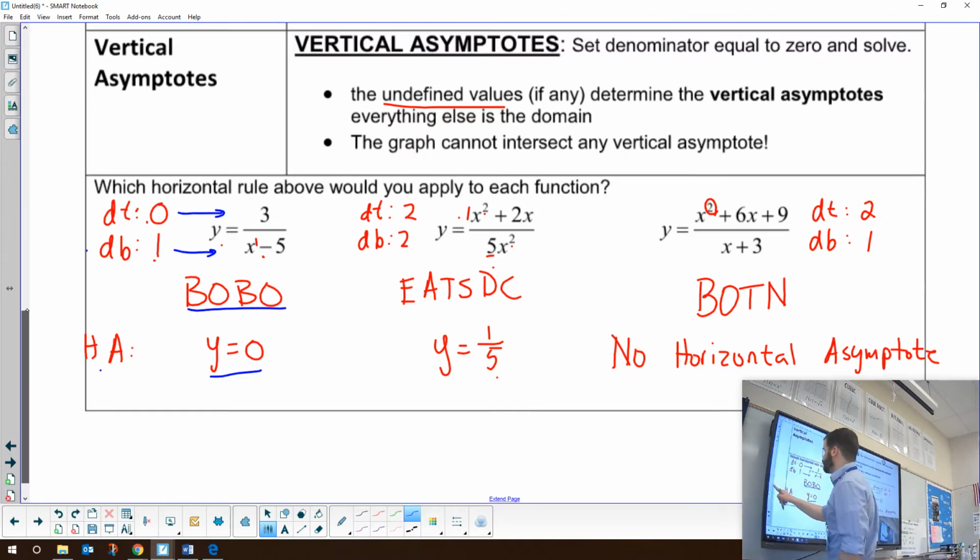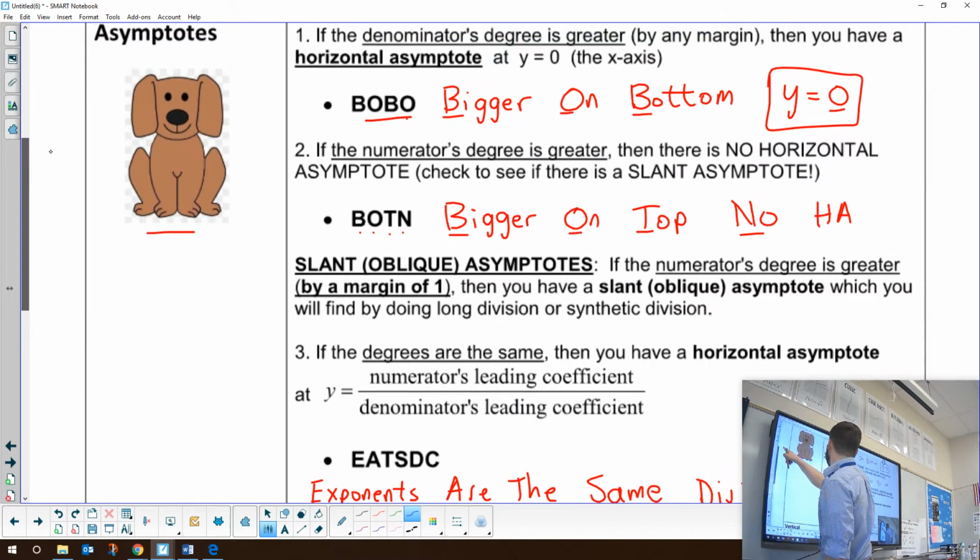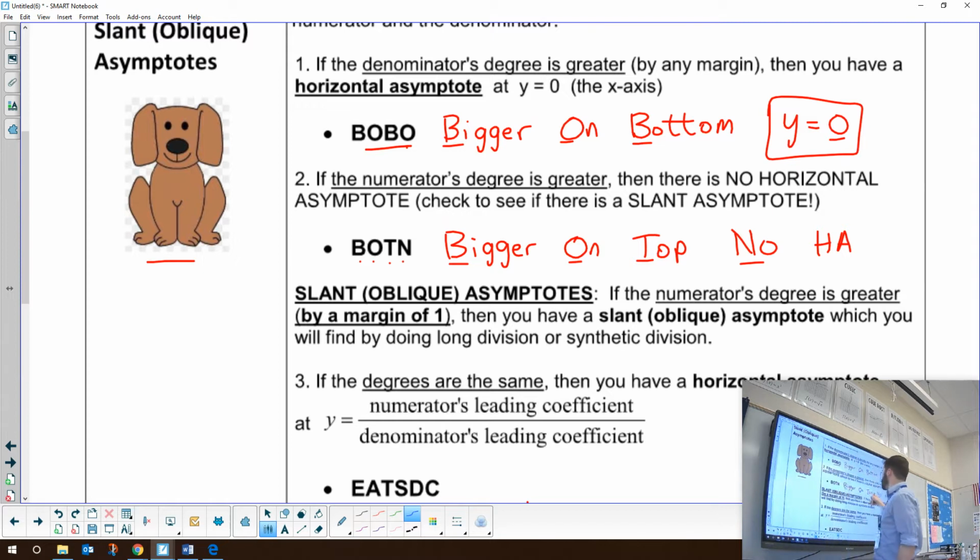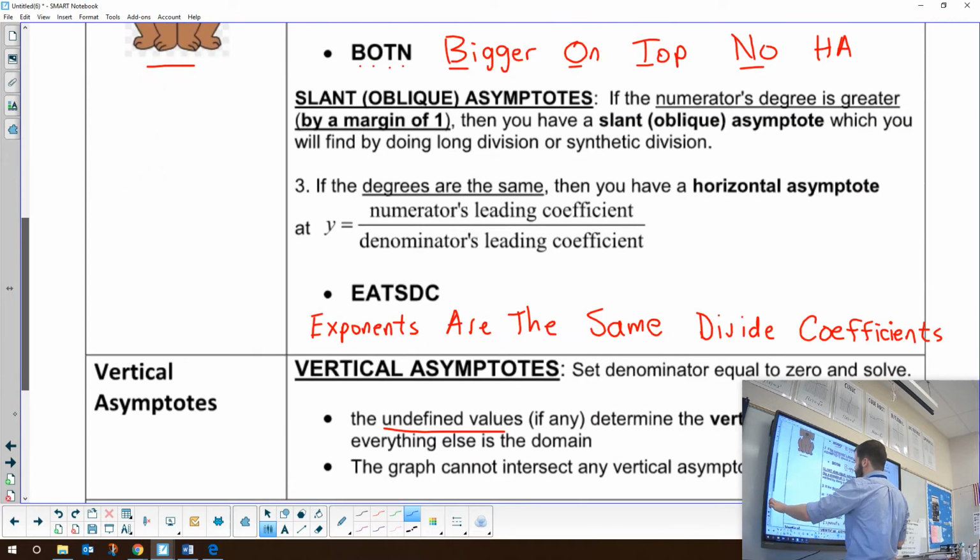Our second rule is bottom: bigger on top, no horizontal asymptote. So if it's bigger on top, no horizontal asymptote. Let me give you an example of that.